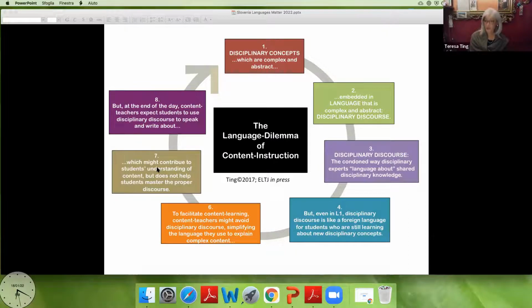Students understand the content, but then we expect them to use the proper discourse to speak about the concepts. But we have not modeled it for them. Or if we have modeled it for them, somehow it doesn't get to them. And that's why the writing doesn't look fabulous.